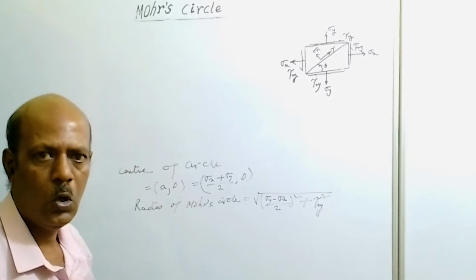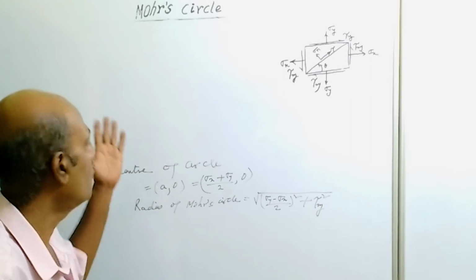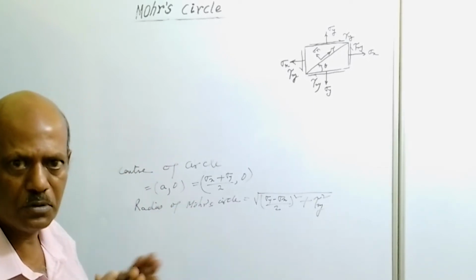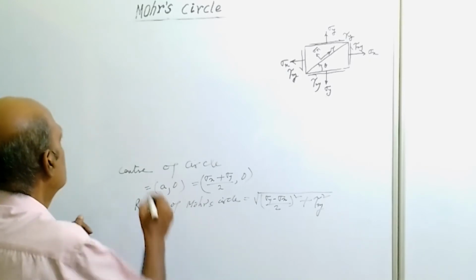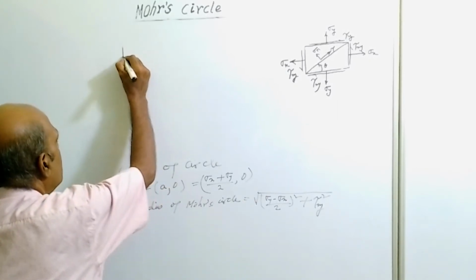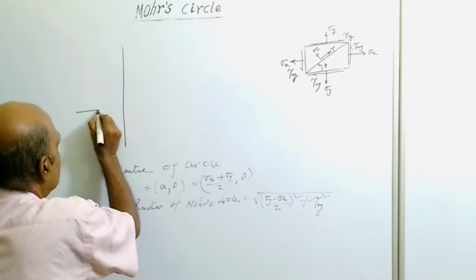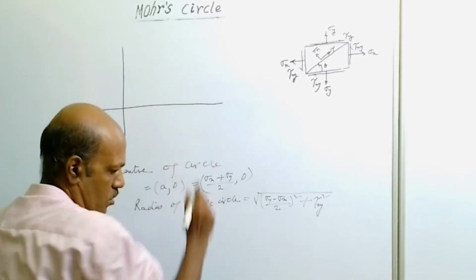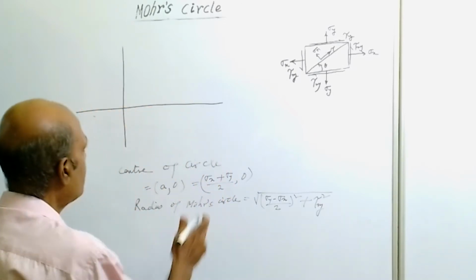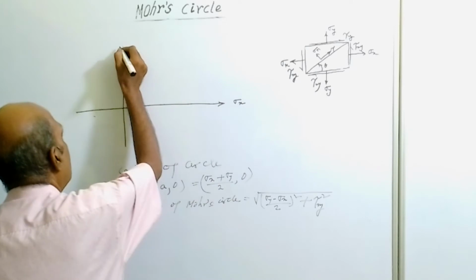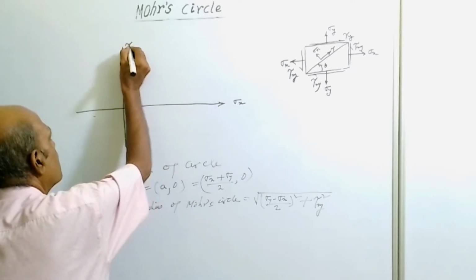So, to construct this Mohr circle, first we have to draw the axes. Step 1, we have to draw the axes. So, this is the tau axis and this is the sigma axis. So, draw two axes perpendicular to each other, that is the sigma axis and the tau axis.